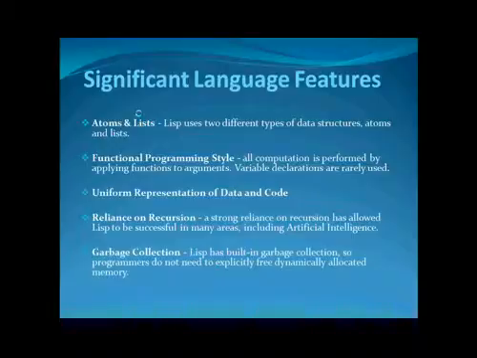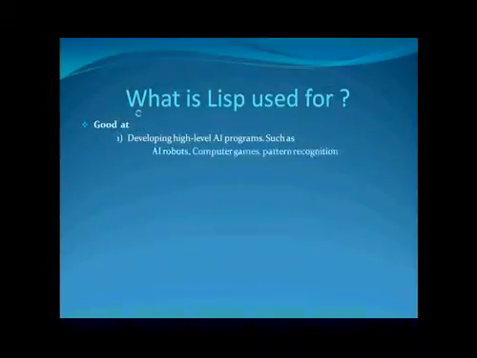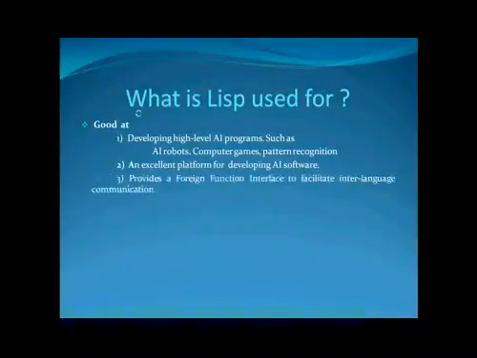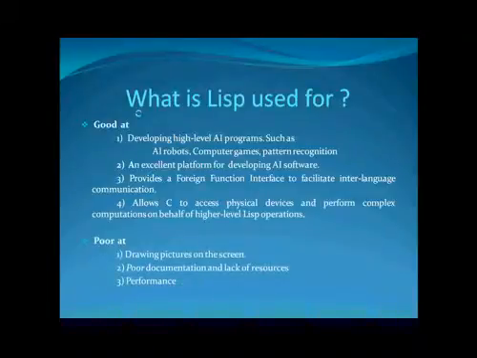What is LISP used for? LISP is good at developing high-level artificial intelligence programs such as robots, computer games, and pattern recognition. An excellent platform for developing AI software. It also provides a foreign function interface to facilitate interlanguage communication.